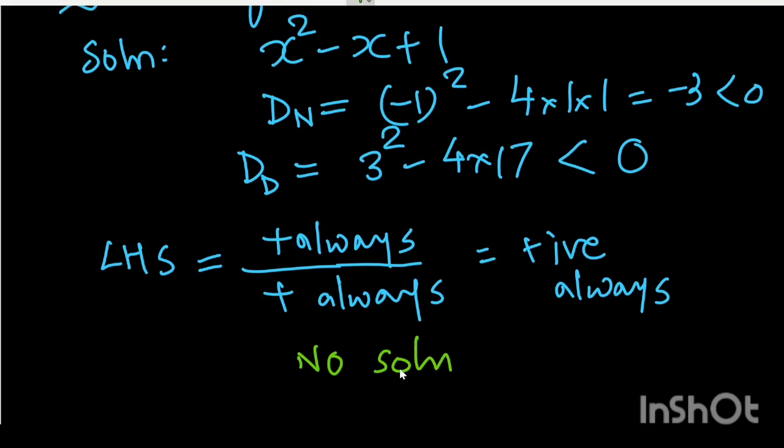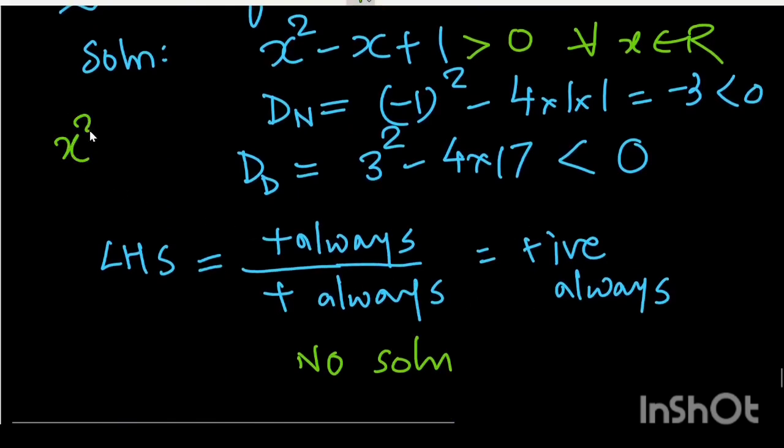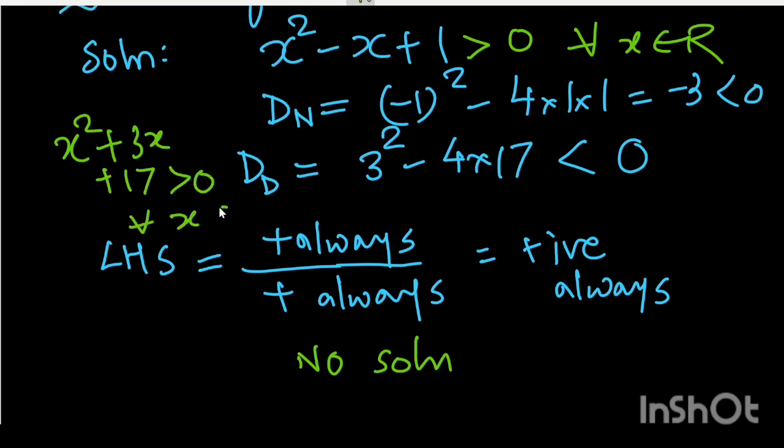When the discriminant is negative, provided the coefficient a of x² is positive, the quadratic expression is always positive for all x belonging to R. Similarly, the denominator x² + 3x + 17 is also positive for all x. It can never be 0 also. So no solution, guys. That way we can say.